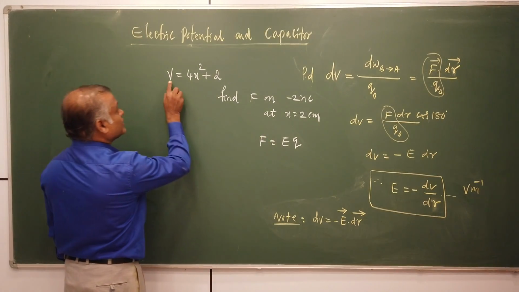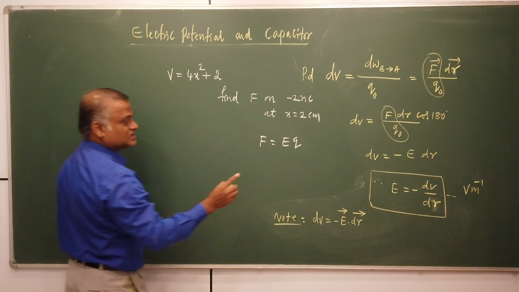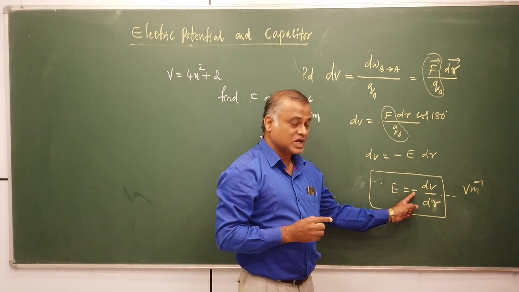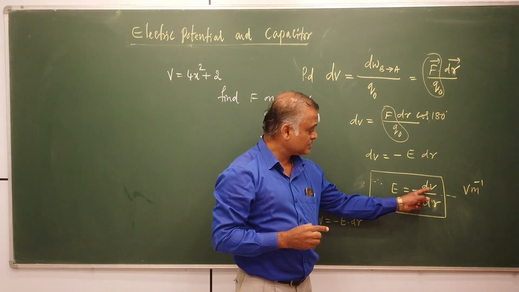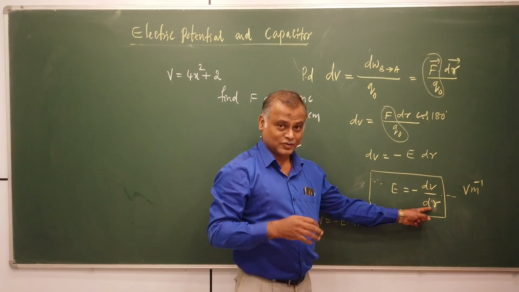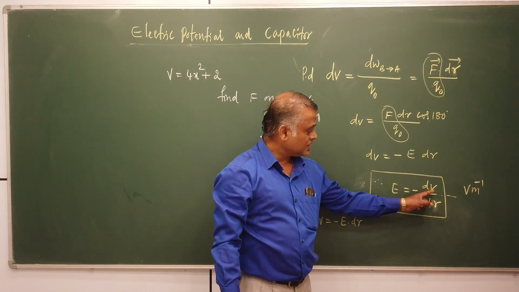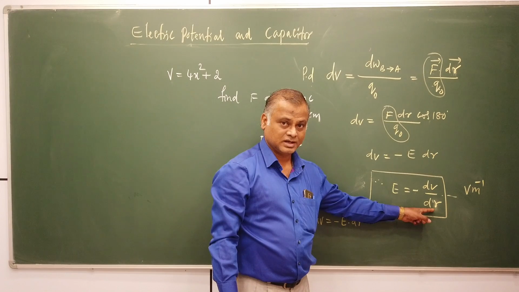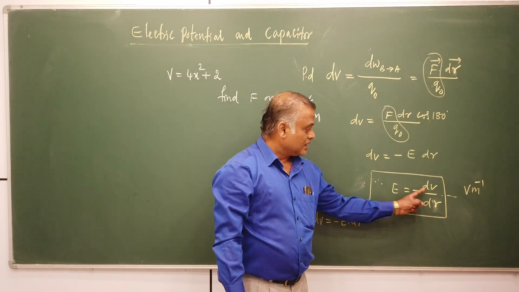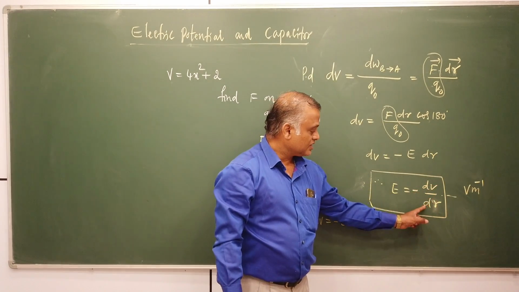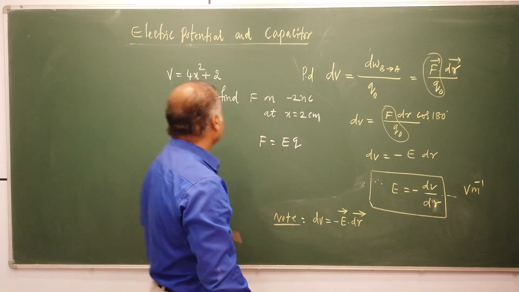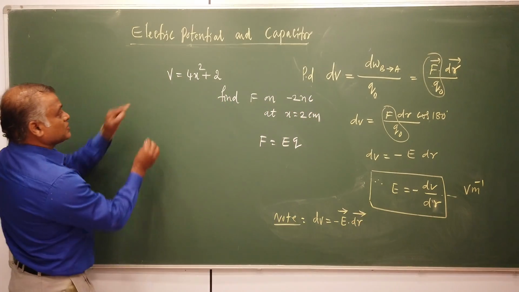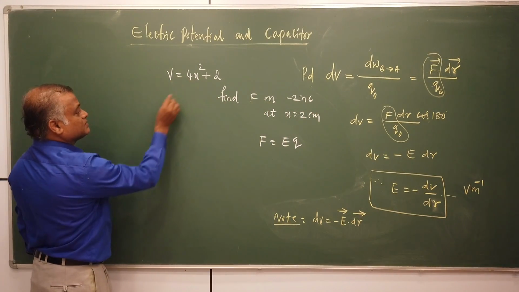Now, they have given potential. As we studied, E is minus potential gradient, meaning dV by dr. You must say differentiation of potential with respect to distance. Now here x is displacement, V is potential. Differentiate with respect to x.